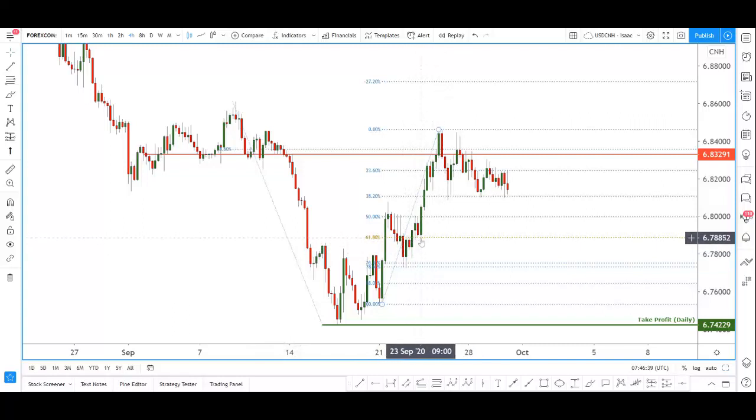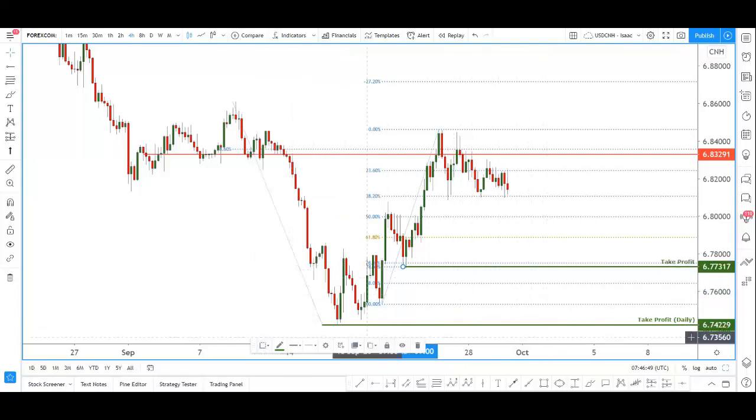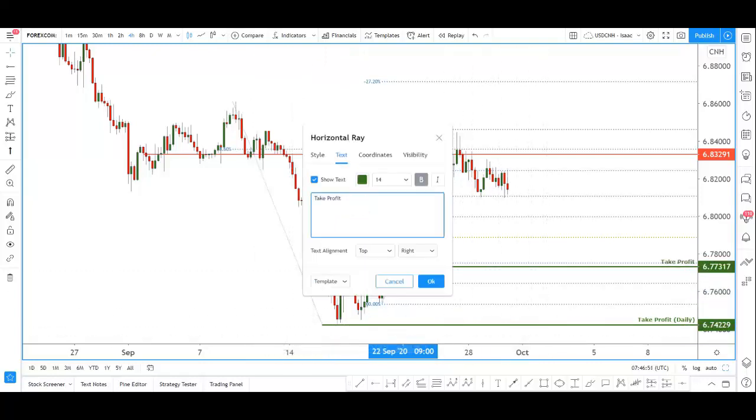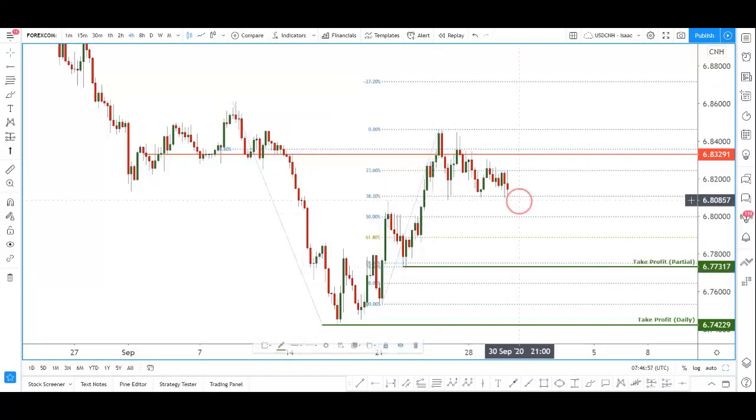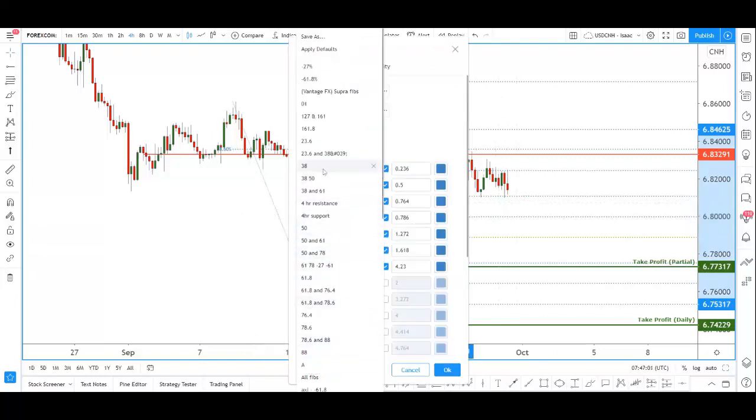We can see the 61.8 over here, but graphically speaking, the 78.6 seems like a better level. So this can be our intraday take profit, otherwise our partial take profit. I'm going to highlight the 78.6.